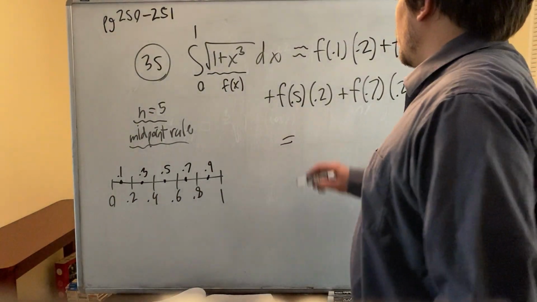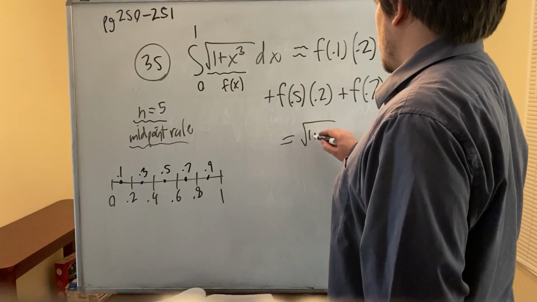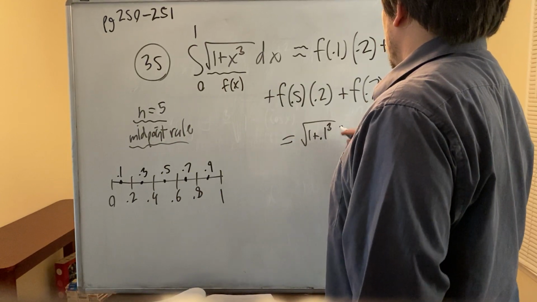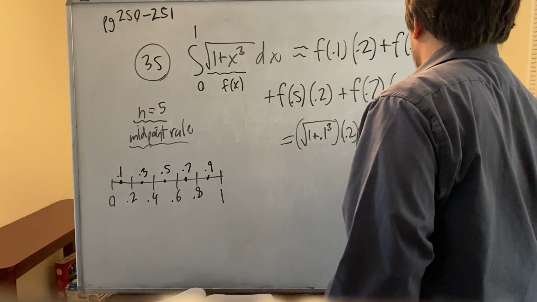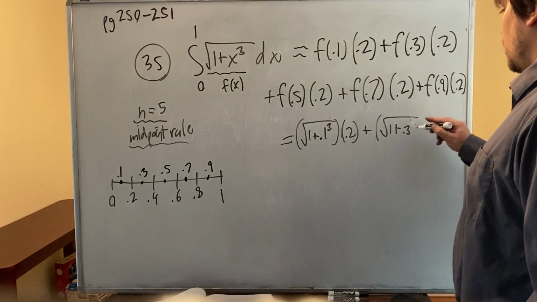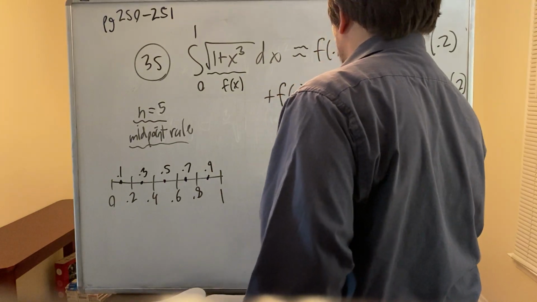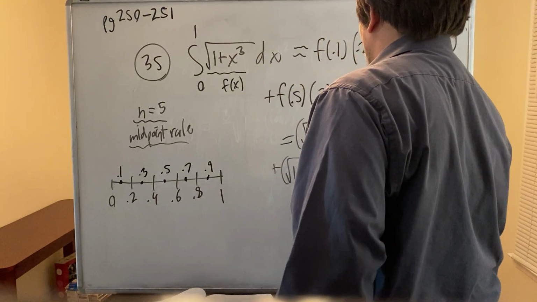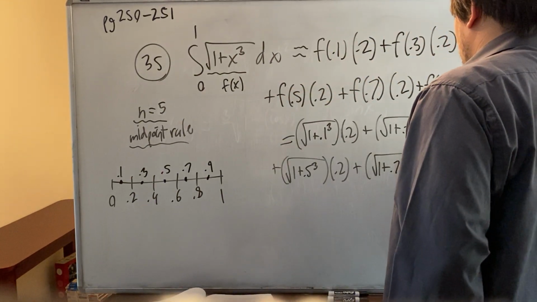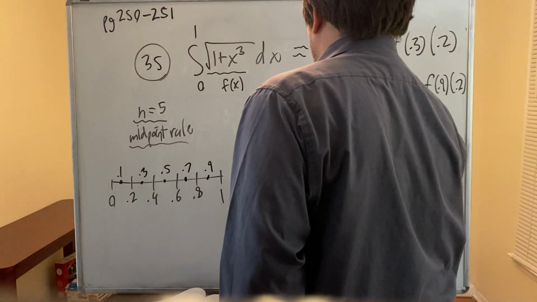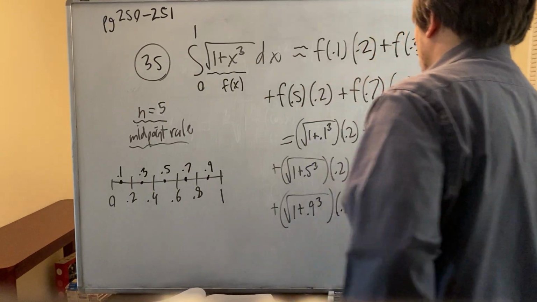All right, and so that's equal to f of 0.1, which is the square root of 1 plus 0.1 cubed, times 0.2, plus the square root of 1 plus 0.3 cubed, times 0.2, plus the square root of 1 plus 0.5 cubed, times 0.2, plus the square root of 1 plus 0.7 cubed, times 0.2, plus the square root of 1 plus 0.9 cubed, times 0.2.